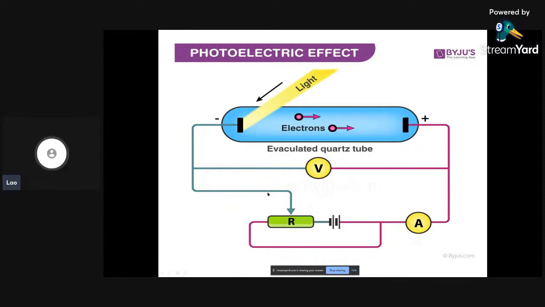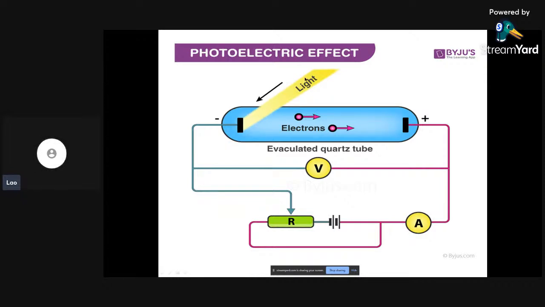So, ibig sabihin may negative and positive dyan. Itong two plates na to, magkakonekta sa ammeter. Itong ammeter na to ang magsusukat kung gaano kadaming current ang flows sa circuit para malaman natin kung ilang electrons ang ejected out of the plate. So halimbawa si light ay nag-radiate dito sa plate.